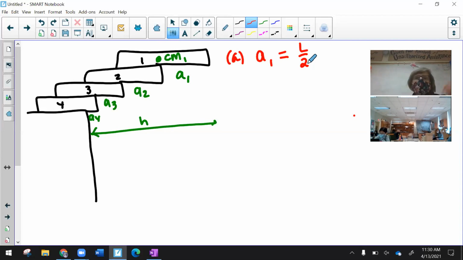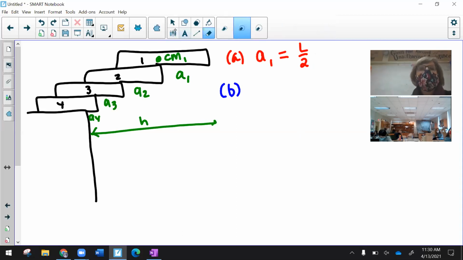All right, A2. Now things are a little more complicated. If we're going to look at part B, I've got more objects now in my system. And I have to find the center of mass of the system of brick 1 and brick 2 and make sure that it doesn't go any farther than the edge of brick 3. So I'm going to draw a little picture here.